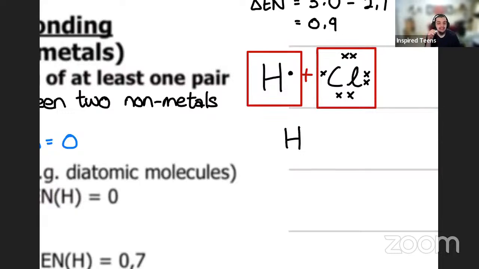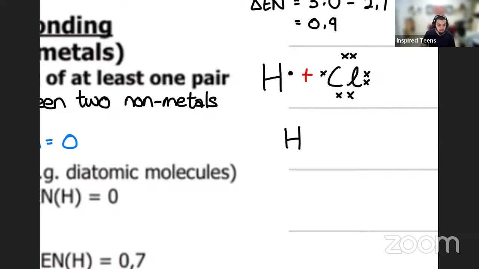Once they have 8 electrons, they are complete, except hydrogen. Hydrogen just requires 2. So if we look at hydrogen and chlorine, hydrogen just needs 1 and chlorine just needs 1 to fill its orbital, and they would be completely filled.